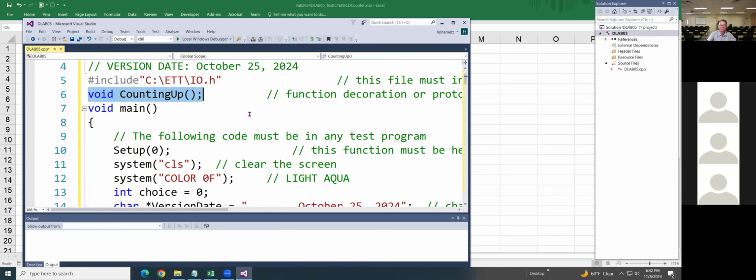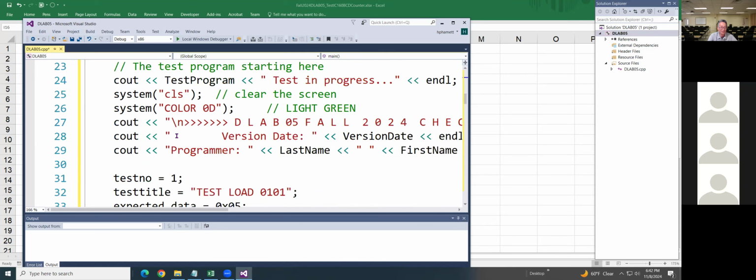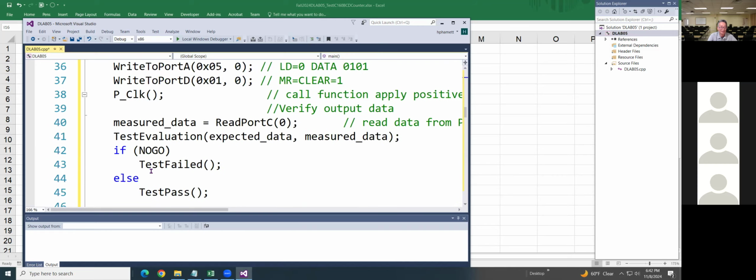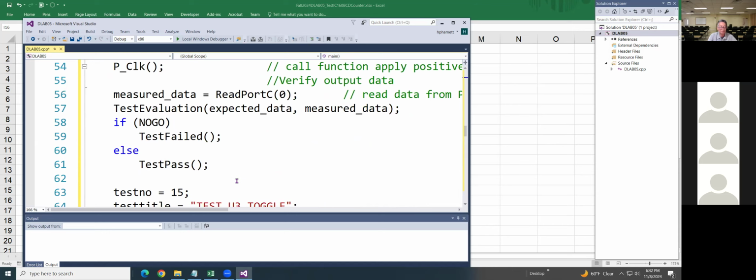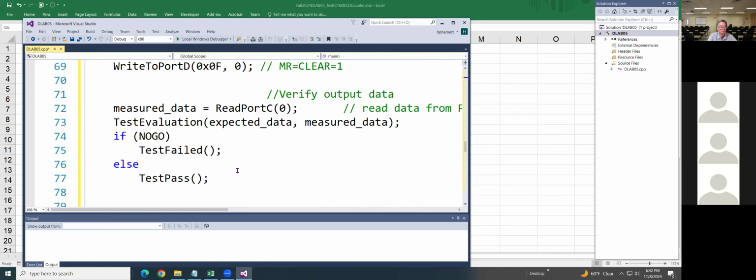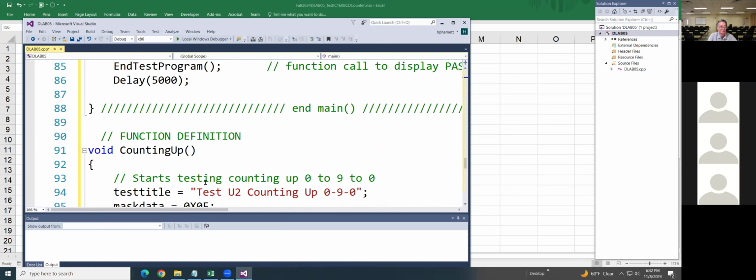Okay, that we call function declaration or function prototype. Okay, and the function prototype, then you have to get a function definition. Now you go down here. After the end man, okay, after end man, this is a function definition area.